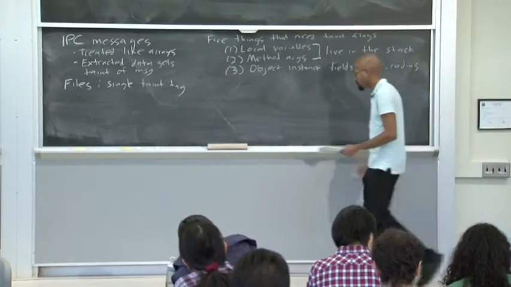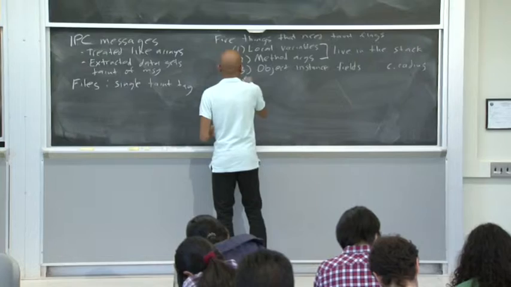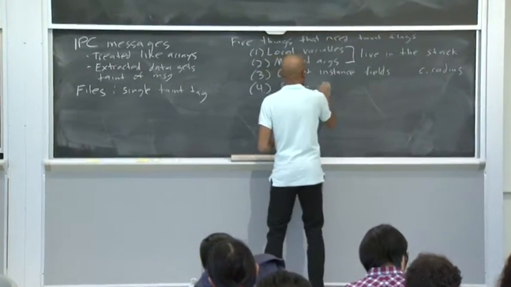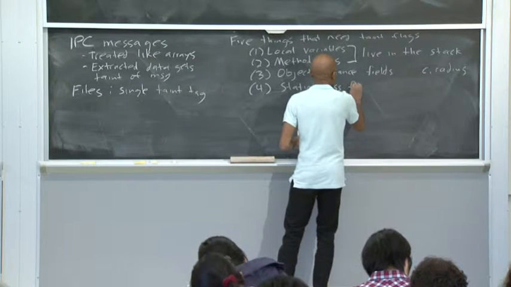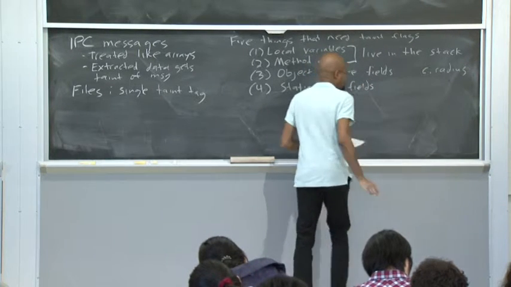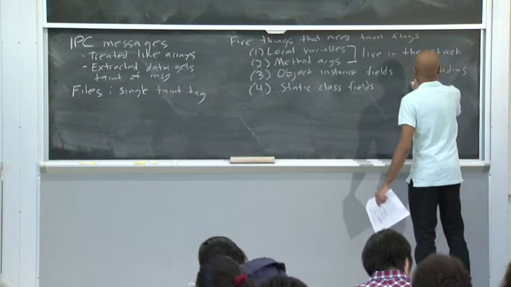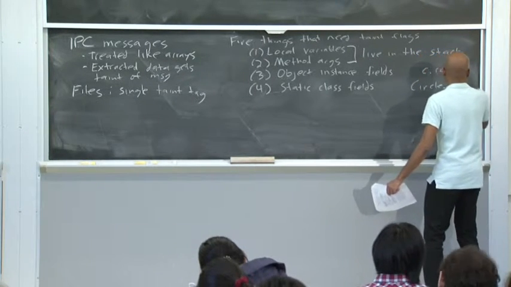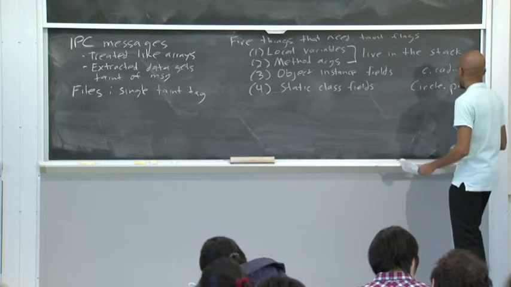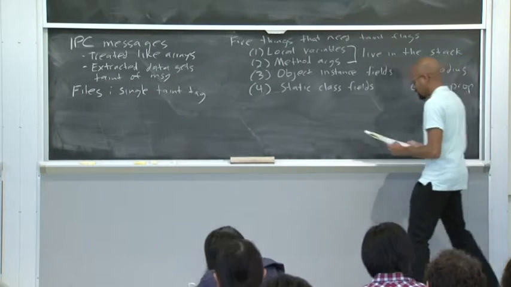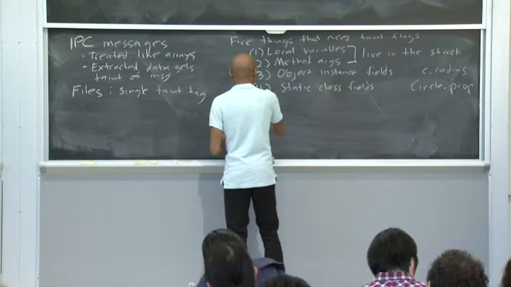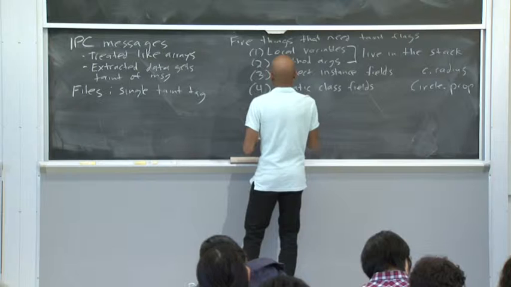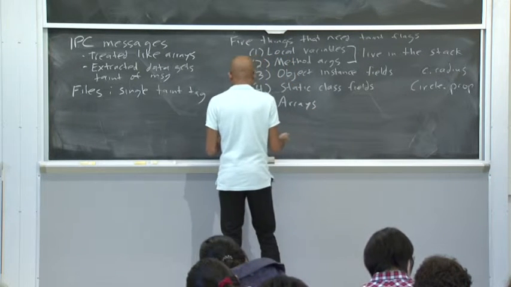Java also allows you to have static class fields, and so you need taint information for those, for example, circle dot some property. And then arrays, as we've already discussed before, we'll assign one piece of taint information for that entire array.